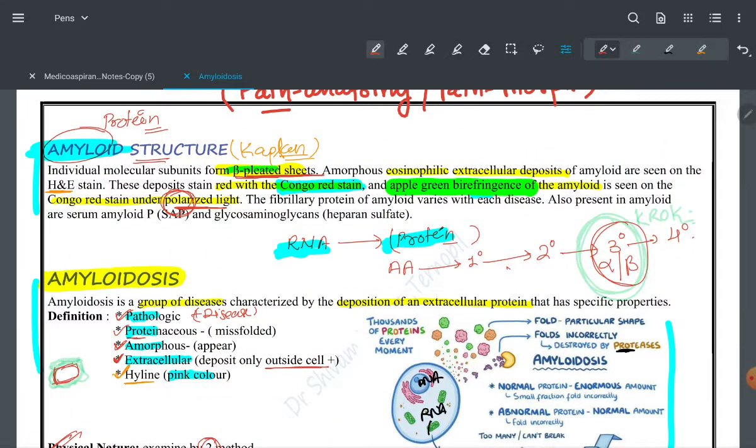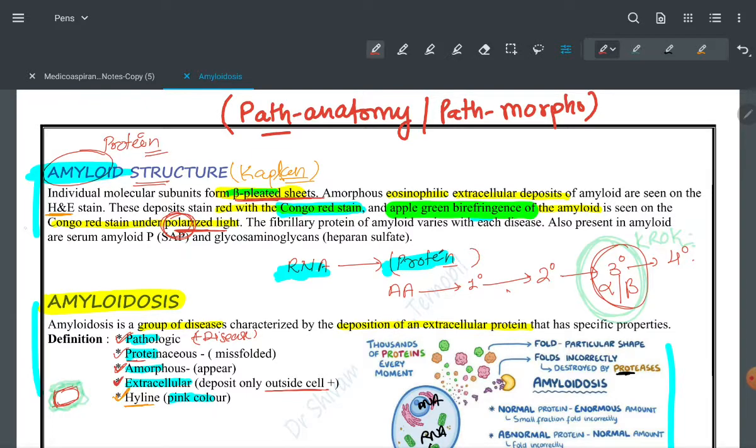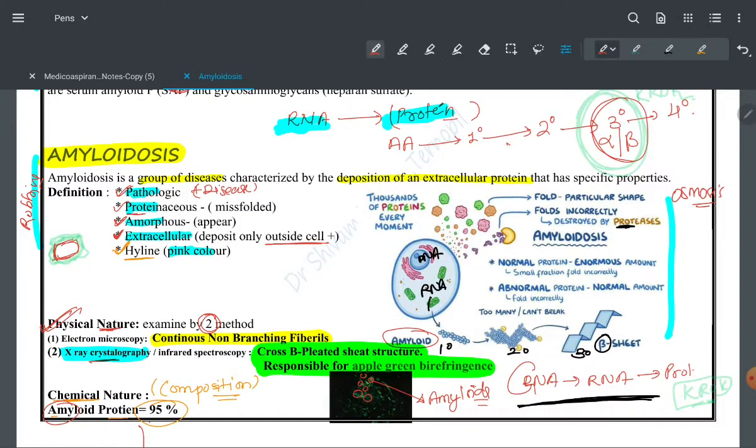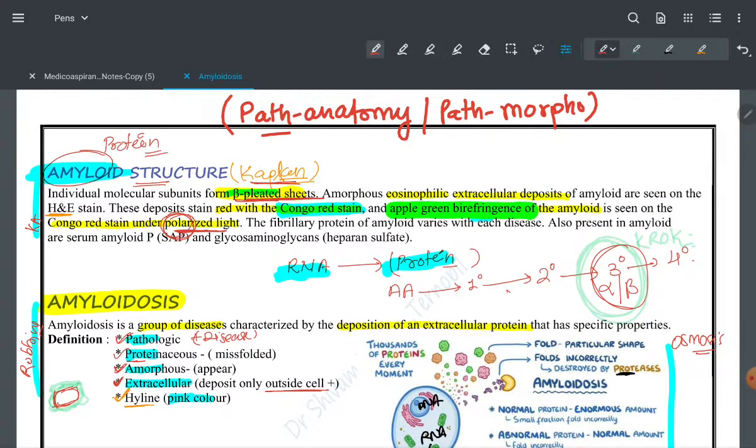So for a better understanding, I'm just going to write it down here, as I have given here: Kaplan, Robbins, and Osmosis. And all sky blue color is important for exams. So I can just give a marker here so that those who receive the notes will understand better. This color is important.